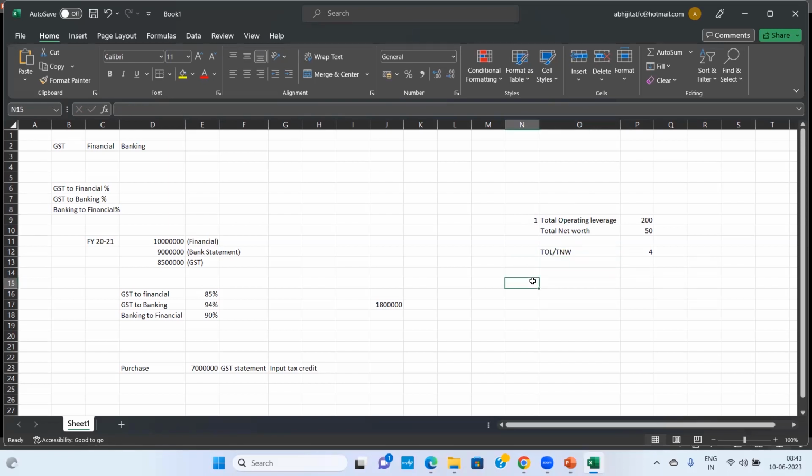Second thing is the receivables turnover. When we talk about receivables turnover, there are different types of ratios which we are going to discuss in the next session. Receivables turnover means my receivables or debtors divided by sales.